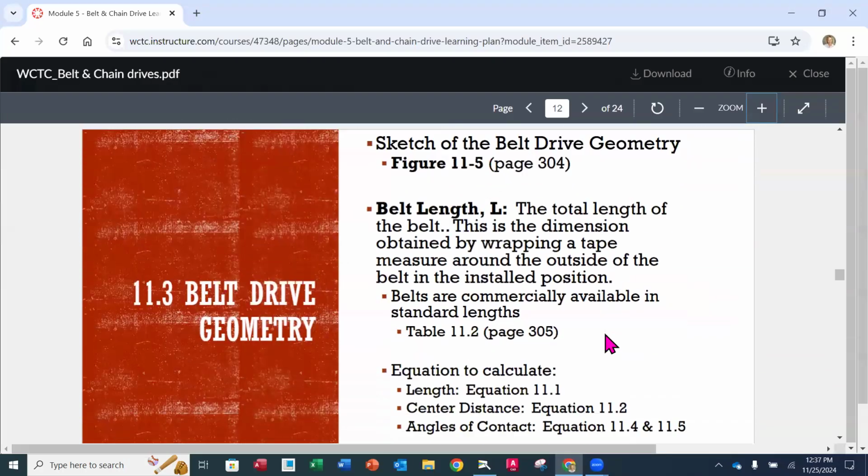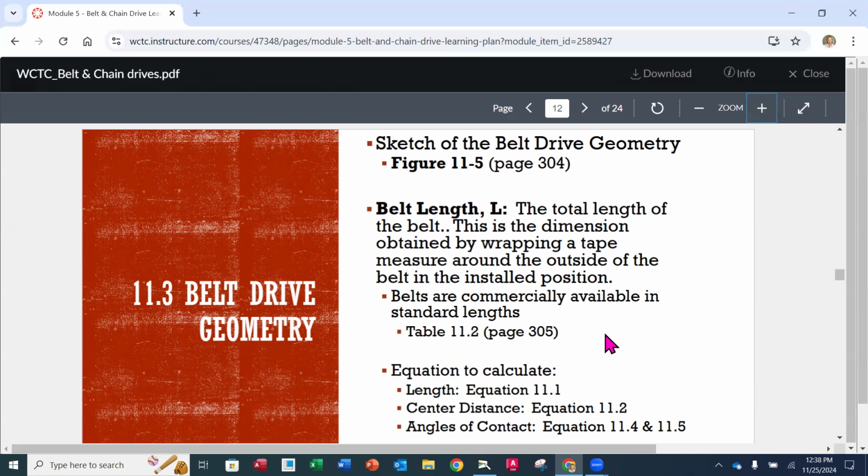Now, another thing we need to consider as we design and incorporate this into our design is that there's going to be stretch on the belt. Over time, as this runs under load, it's natural that these are going to stretch out. So as part of the design process, it's not in kinematics here, but when you incorporate it into your job or your design, you would also account for what they call take up.